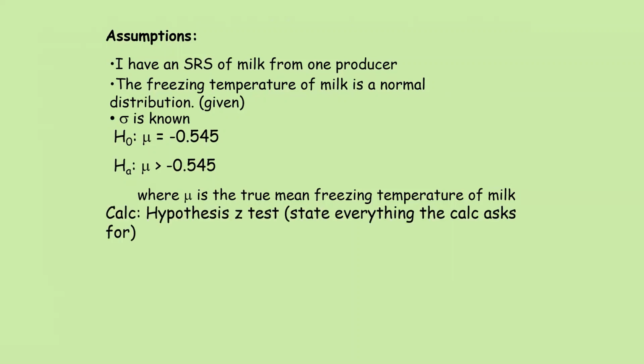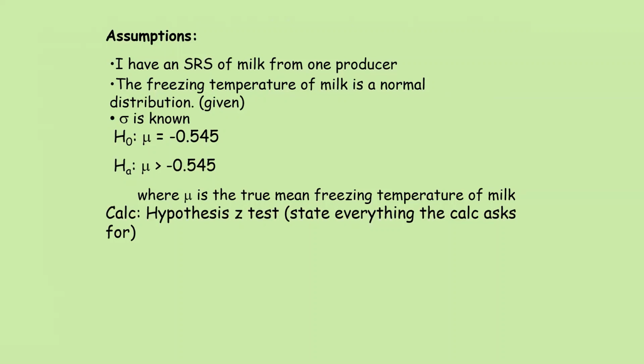So again, you could use the calculator. Again, go to menu, statistics, stat tests, and again you would do a Z test. If you actually have the data values, you'll use data.